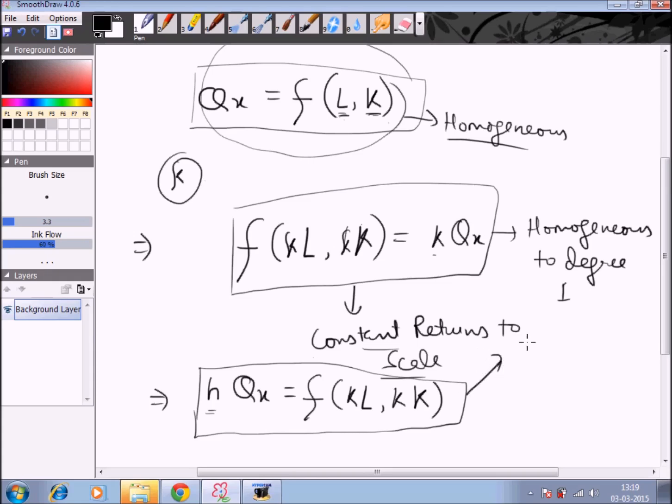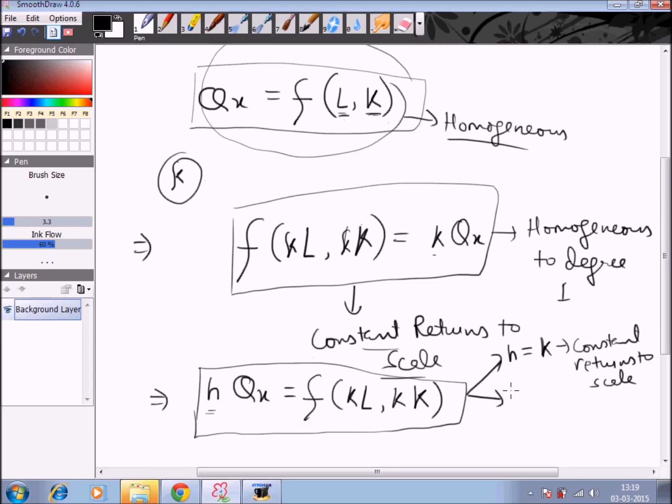First, if small h is equal to small k, then this is a situation of constant returns to scale, which means that my output increases in the same proportion as I increase the input.